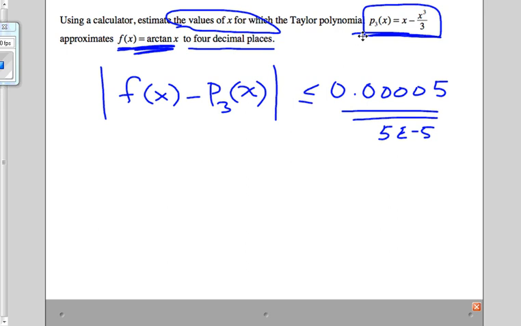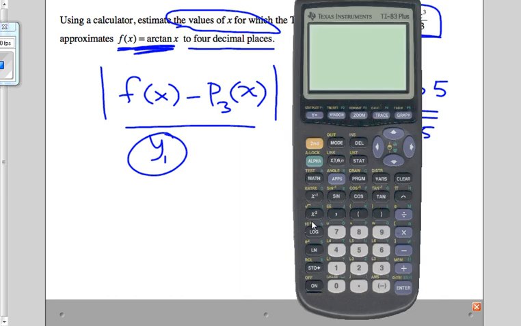Well, let's put this into y1 in our calculator, and let's put this into y2, and let's see when that is in fact true. Okay, so getting out my calculator here.